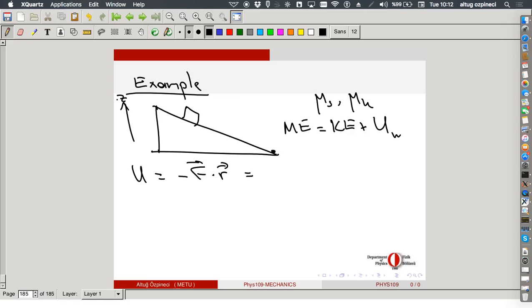What is F, in terms of its components? mg, in which direction? Pointing downward, in the minus z direction.